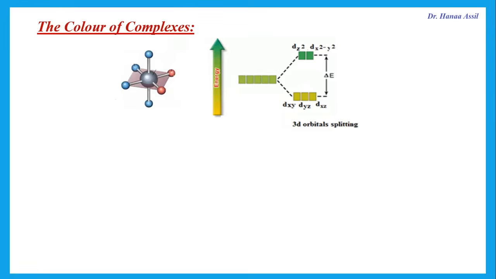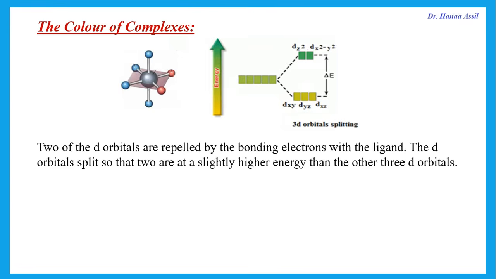Color of complexes. We talked about transition metals and we said they form colored compounds, and that is because the d orbitals, originally the same energy, five d orbitals of the same energy. Now when the metal ion forms a complex, the orbitals are repelled by the bonding electrons of the ligands, so the d orbitals split, so two of them are at a slightly higher energy than the other three.